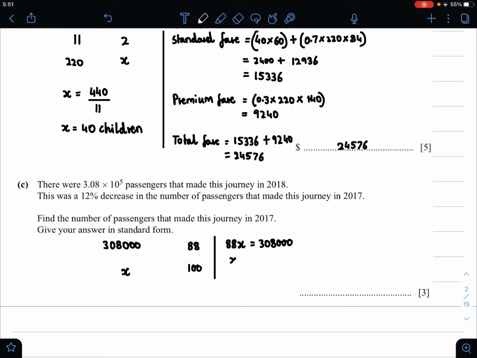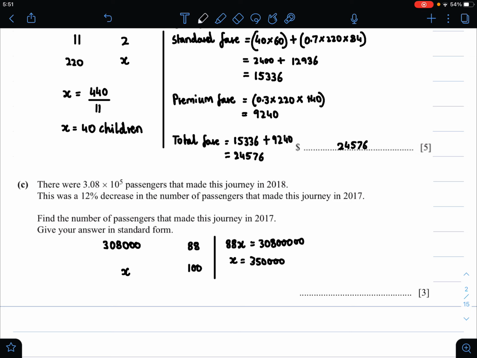And therefore x will be equal to 308,000 multiplied by 100. So you add 2 more zeros. So 308 with 5 zeros divided by 88 will give you an answer of 350,000.